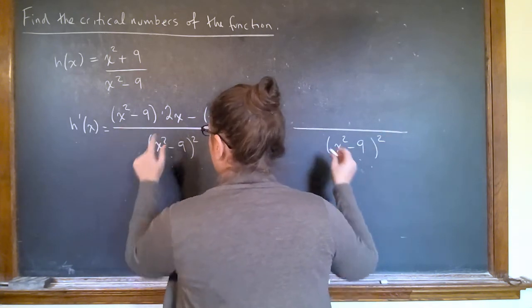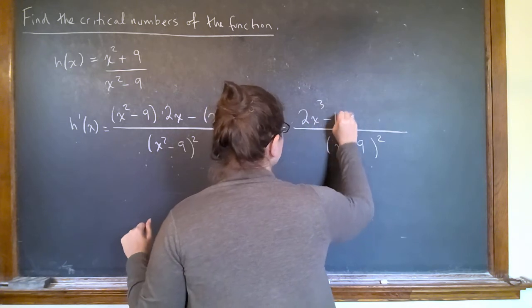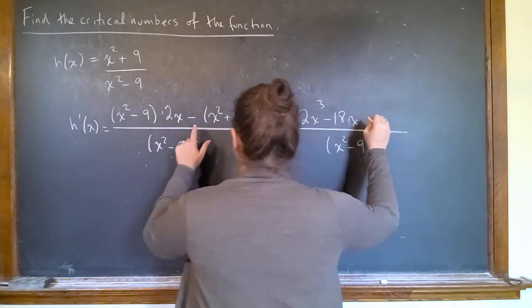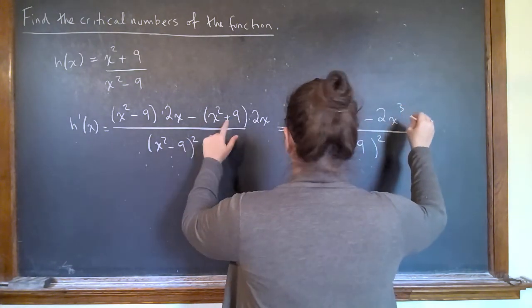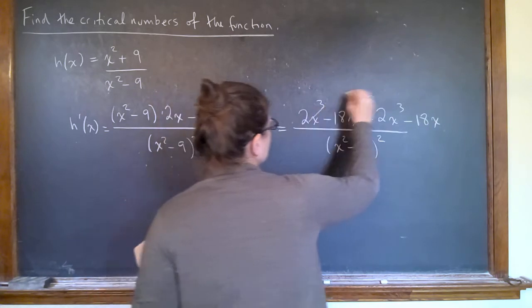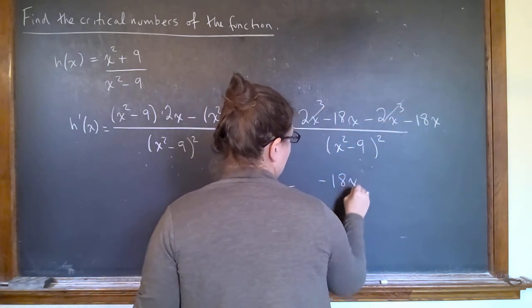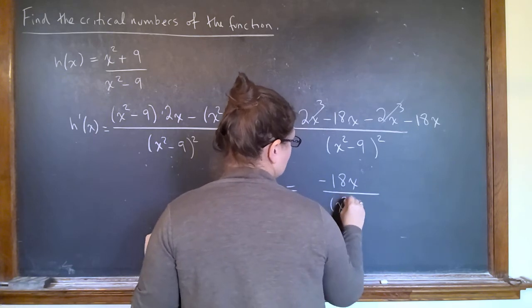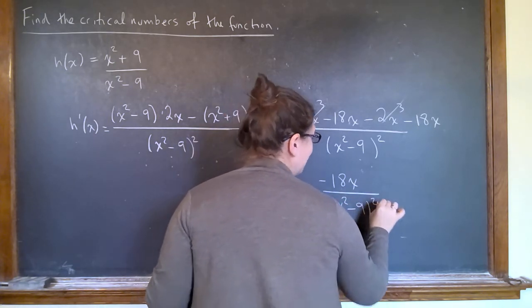So this looks like I've got 2x cubed minus 18x minus 2x cubed minus 18x. Okay, so these guys cancel. So my derivative is minus 18x over x squared minus 9 squared.